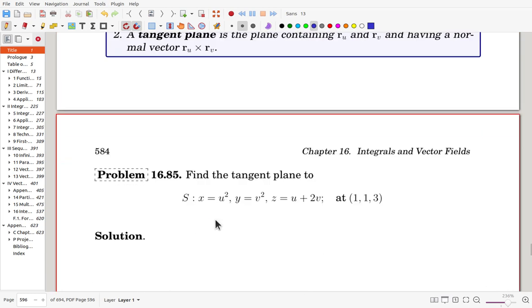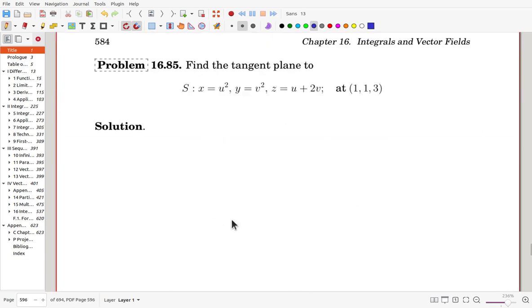Okay. Let's see the example. Find the tangent plane to this surface. Now, if we write down the transformation as a function of u and v, then it has three components: x is u squared, y is v squared, and z is u plus 2v.